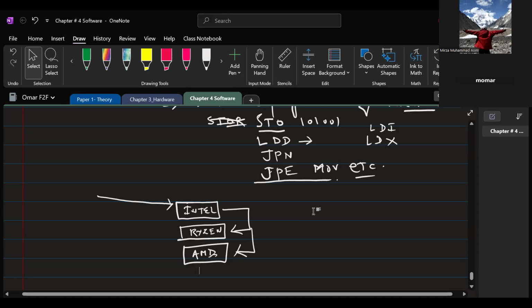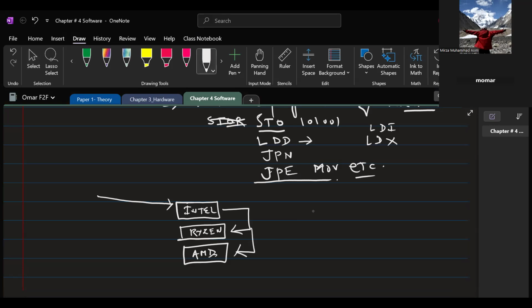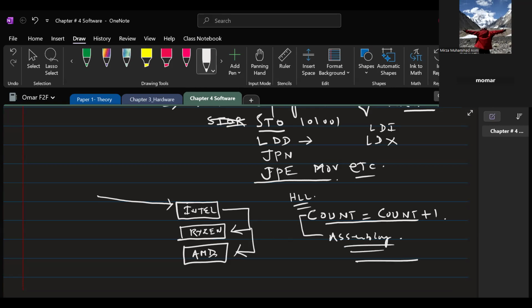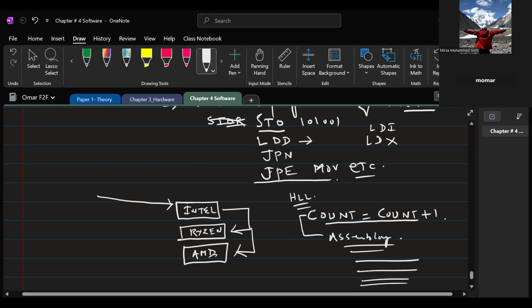Say for example, Umar, if you write this command in Python, count is equal to count plus one, this is a high level language example. If you write this command in assembly language or in machine code, it takes so many lines of very complicated code, right?